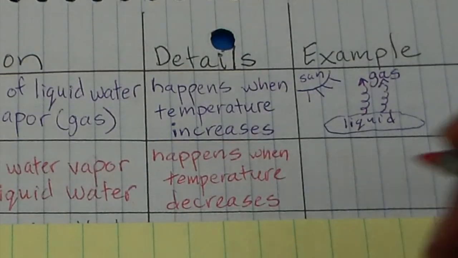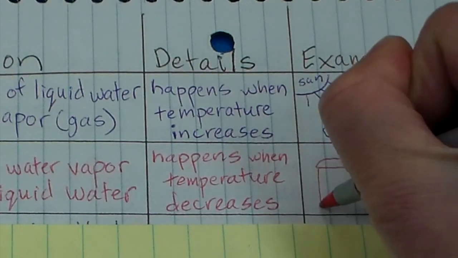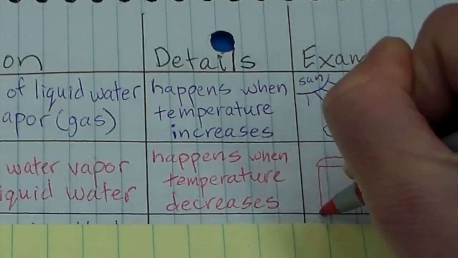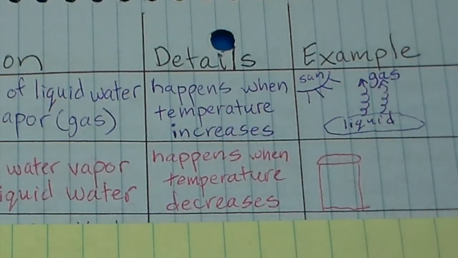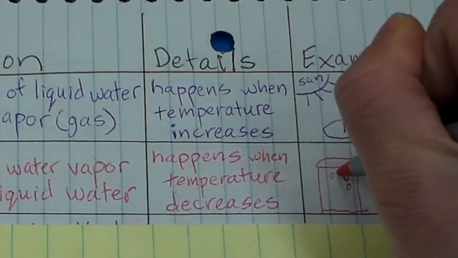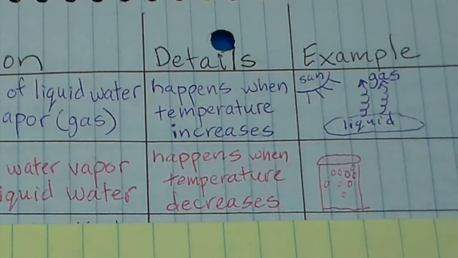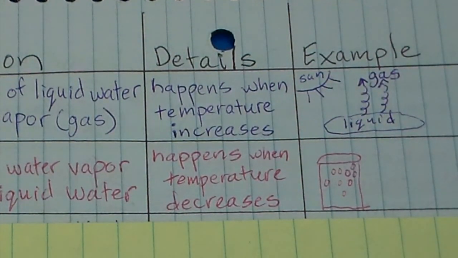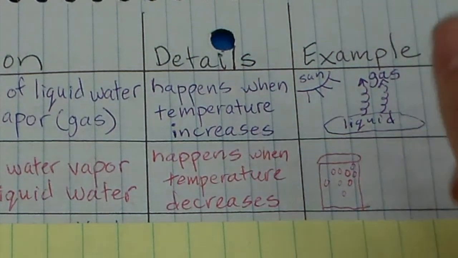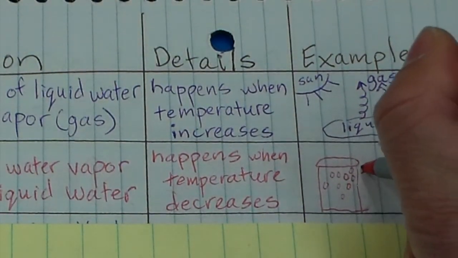I'm going to draw an example here with a glass of water, right? Some of you might know that the water glass can develop little water droplets that form on it. And that's because the air touches the cold glass and it causes condensation.